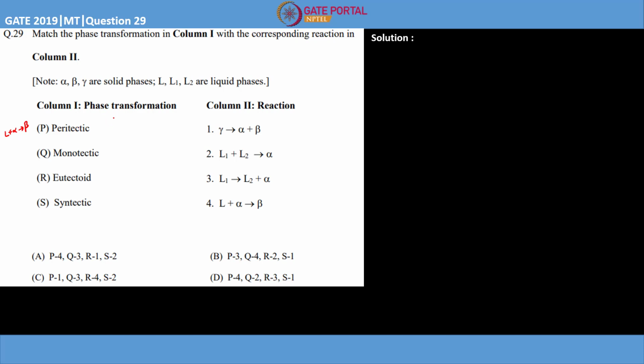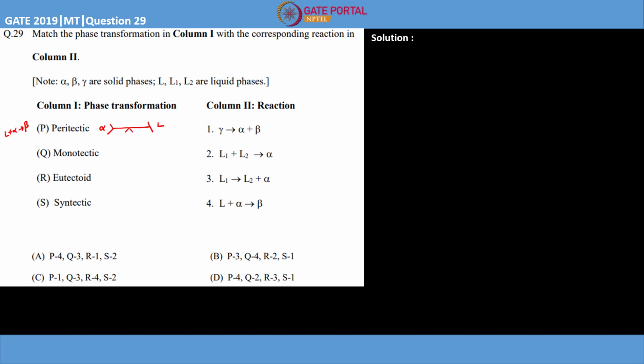So if you schematically want to represent it, or if you want to see this reaction in the phase diagram, in the phase diagram this reaction will look like this. Let's say this is the transformation temperature line, and this side we have a liquid phase, and this side we have a complete solid phase, let's say alpha phase.